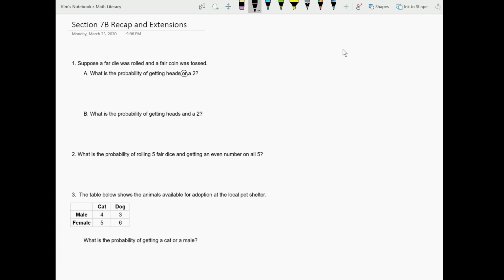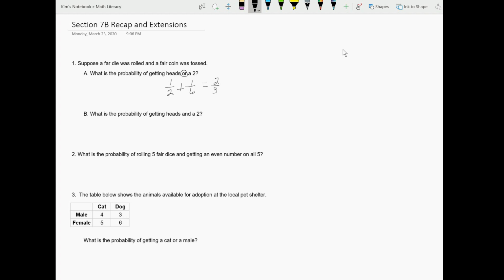You can't be both. Since I am looking at OR probabilities, I'm looking at the sum of the two probabilities. The probability of getting a heads is 1/2, plus the probability of getting a 2, 1 out of 6. We add that together and we get 2/3.